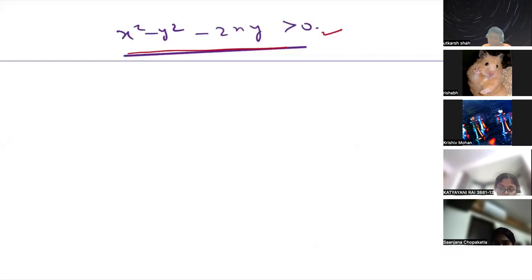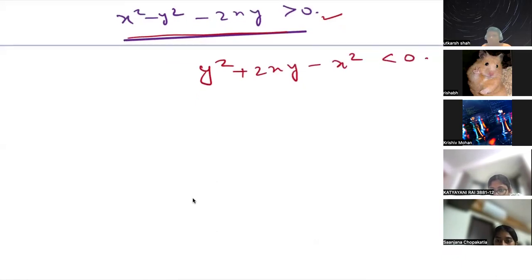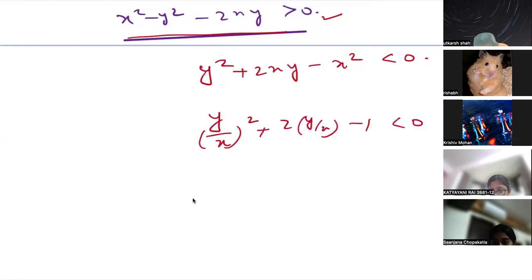I can rewrite this as y square plus 2xy minus x square is less than 0. Dividing by x square, assuming x is obviously not 0: (y by x) the whole square plus 2 (y by x) minus 1 is less than 0.